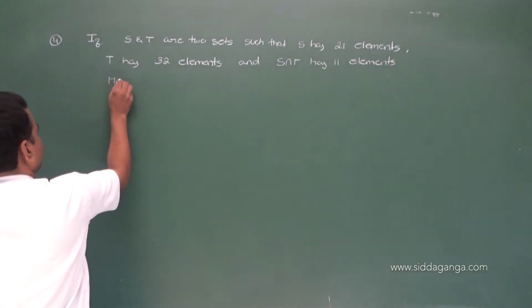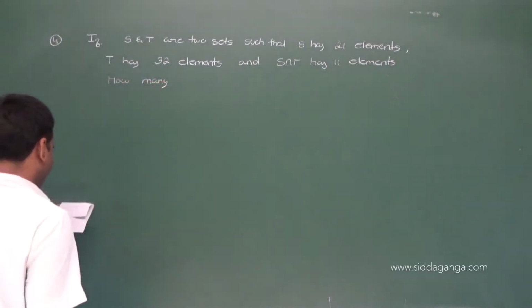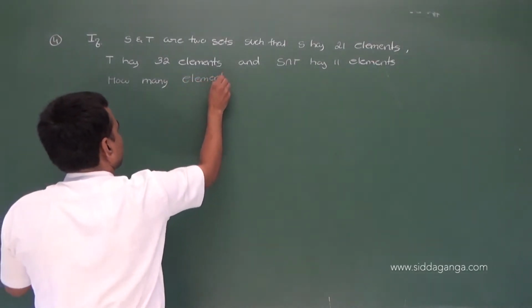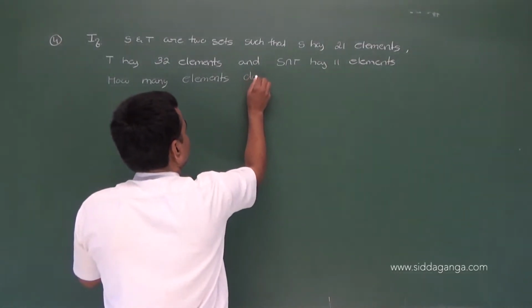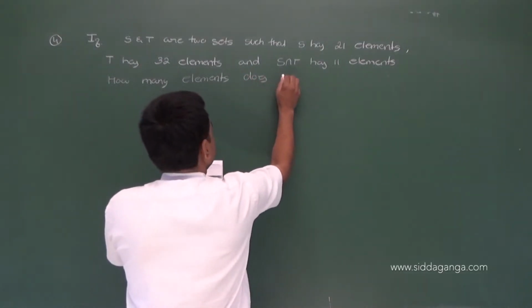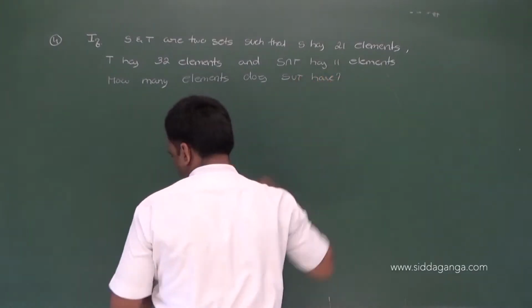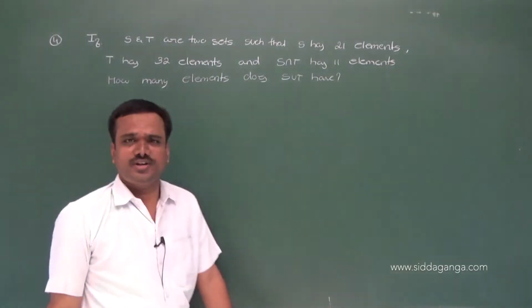How many? Very simple question. How many elements does S union T have?